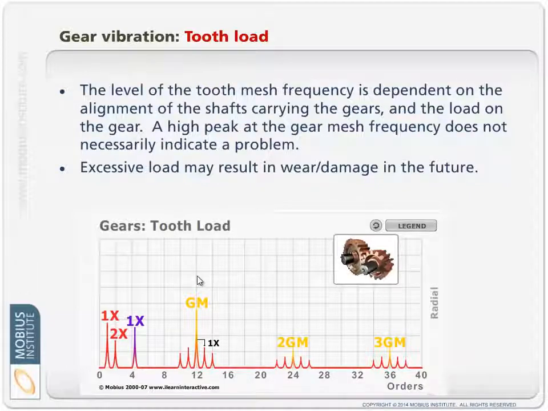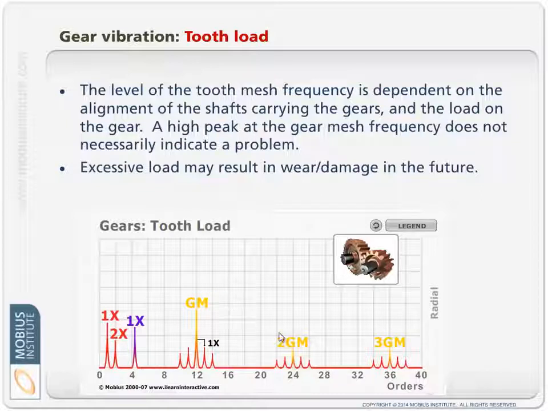It's just a normal source of vibration. Again, if there was any eccentricity, the effects of that eccentricity would be heightened. But because we're focusing on tooth load, the real indicator is just that the amount of vibration in this gear mesh peak will go up.